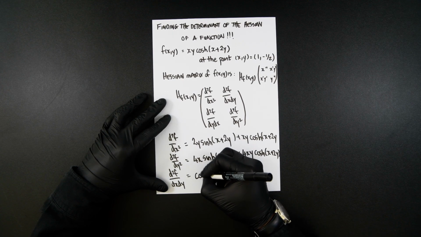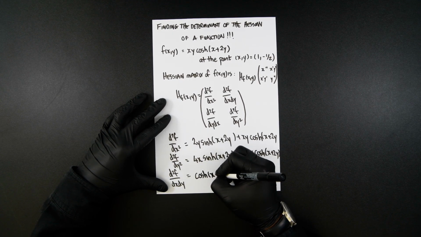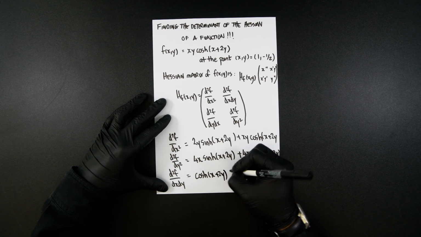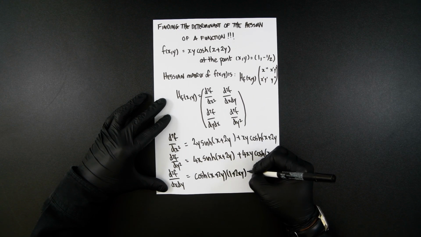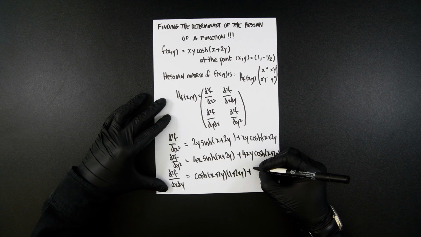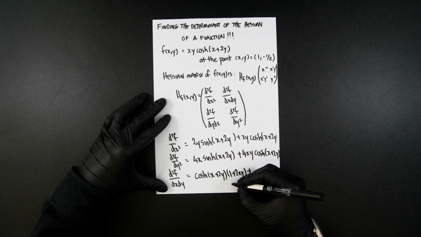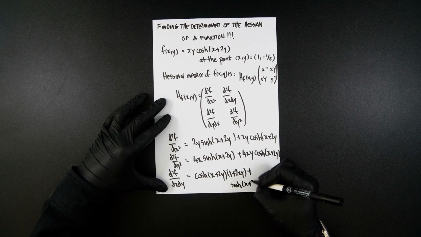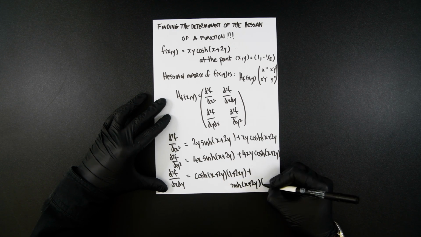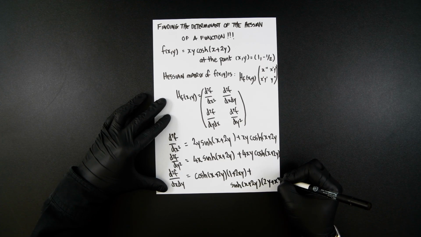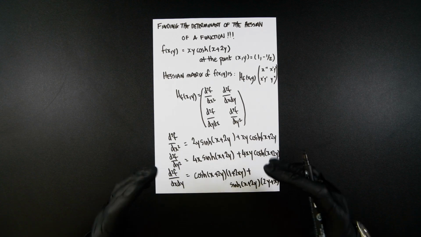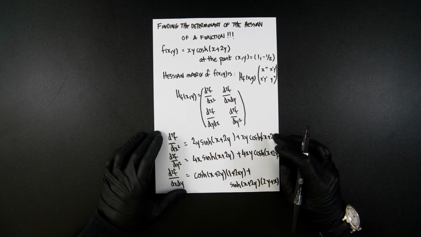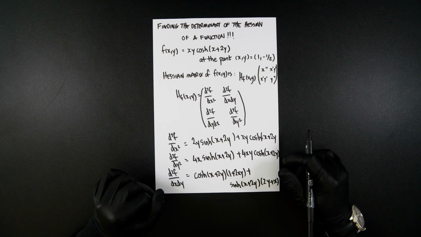So you will get cosh(x plus 2y) times (1 plus 2xy), plus sinh(x plus 2y) times (2y plus x). You need to be very good at partial derivatives and be as careful as you possibly can to make sure that each of these is completely correct.